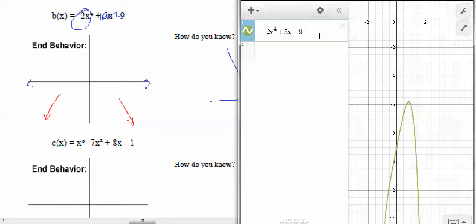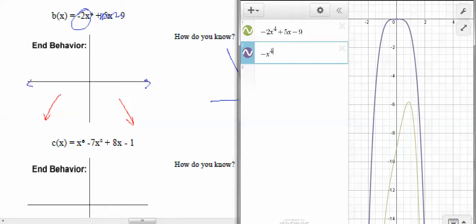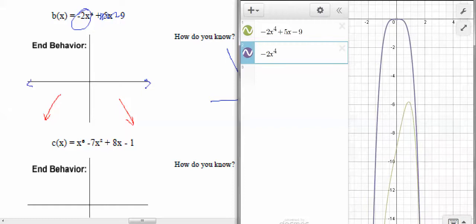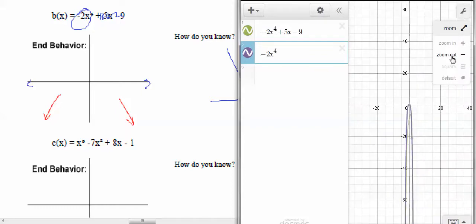And if I want to even compare that to negative 2x to the fourth power, there's a 2 out in front. There we go. I agree with you that this purple graph doesn't exactly look like the green graph. However, if I zoom out enough, you can barely tell the difference.